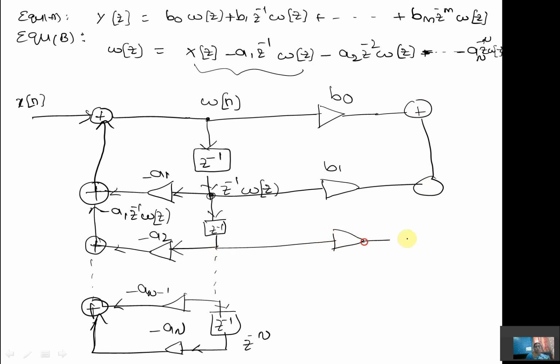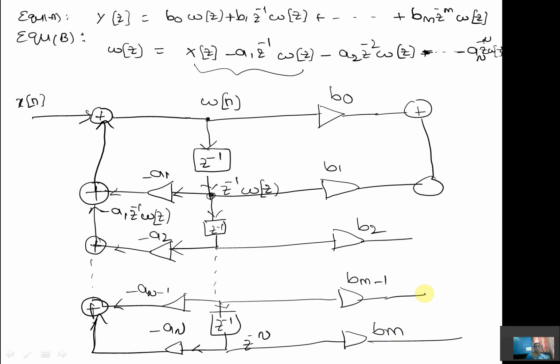So here multiplier b2, then here you can get the Y of z or Y of n.